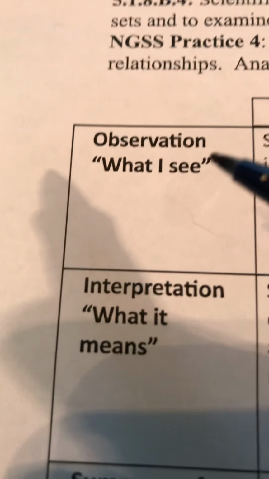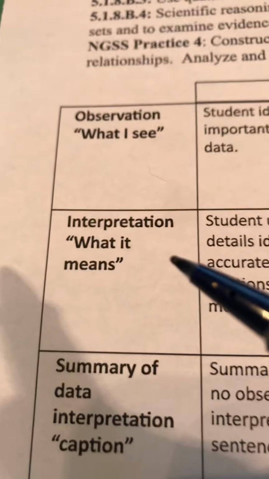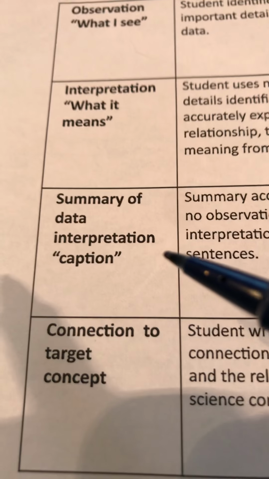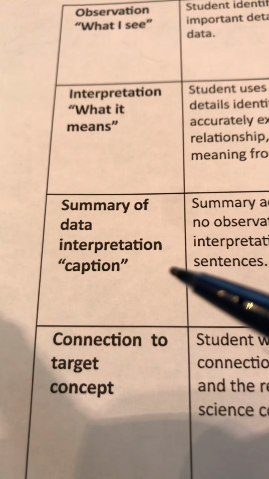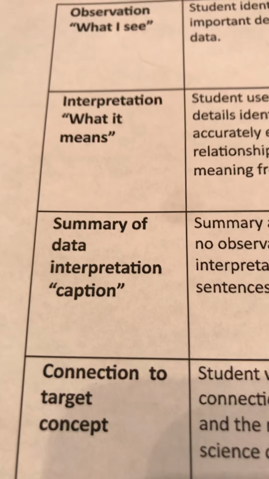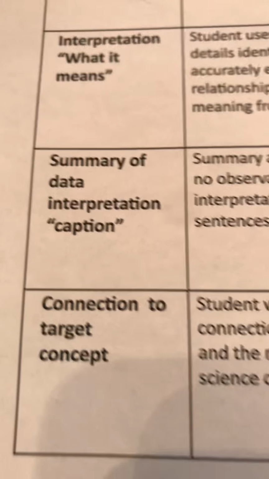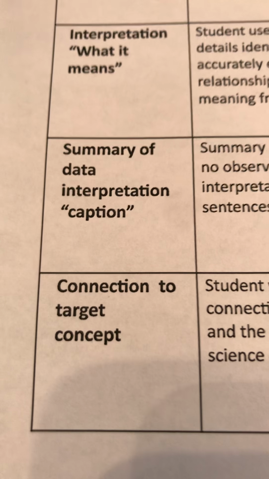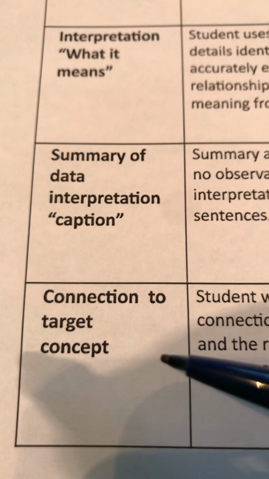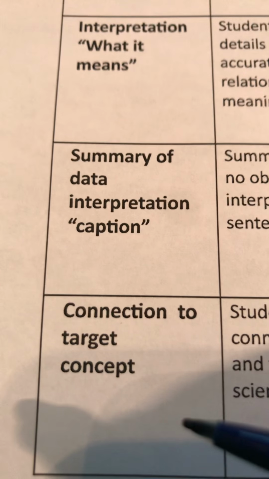An observation is what you see, an interpretation is what you think it's telling you. Finally, you're going to be doing an interpretation summary, or basically a caption of that diagram. And part of what I'm looking for is that you can make the proper connections to the target concepts.